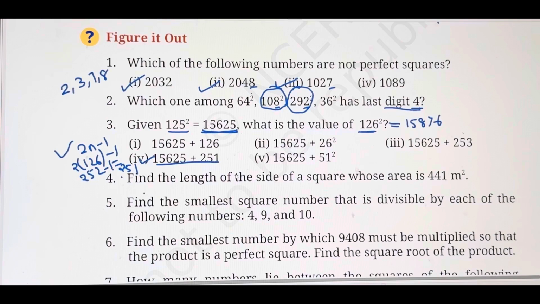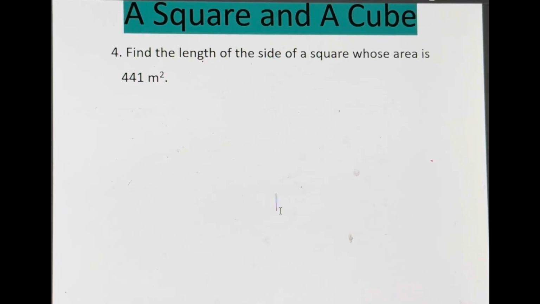Okay. Question number 4. Find the length of the side of a square whose area is 441 meters square. So let us solve this question separately. So here area is given already. And we know the formula to find out the area of a square is side multiplied by side.